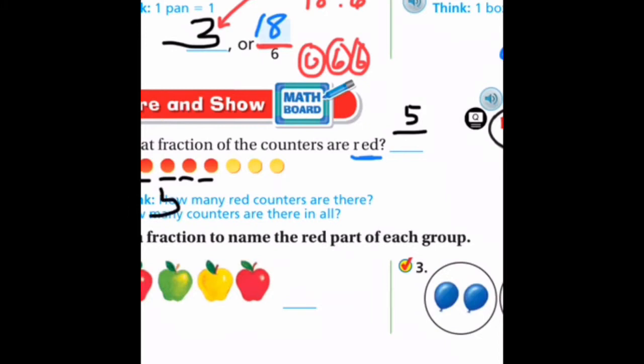So I knew I had 5 of those, and I have 3 that are not red. So that's 5 plus 3 is 8. And that'll be my denominator. So 5/8 are red. 5 out of the 8 are red. If you made a mistake, pause the video and fix your fraction. Also try to understand why 5/8 is right and why your answer was not right.